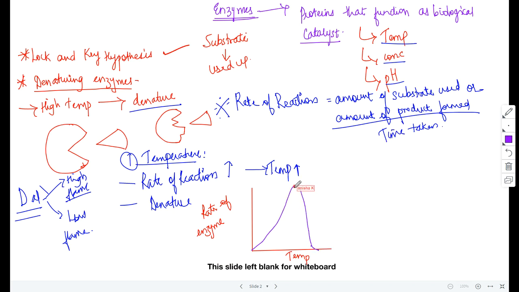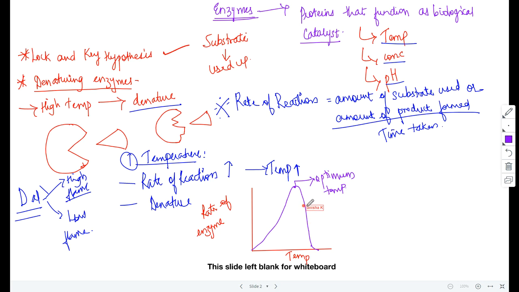This peak level is known as the optimum temperature. Optimum temperature is the best or the appropriate temperature at which the enzyme will work perfectly. So after that, what is going to happen is it is just going to slow down.